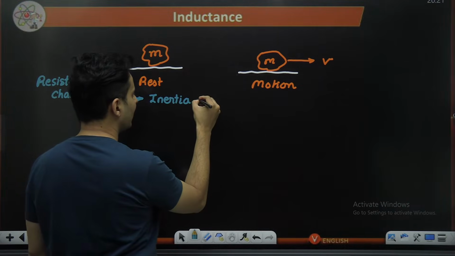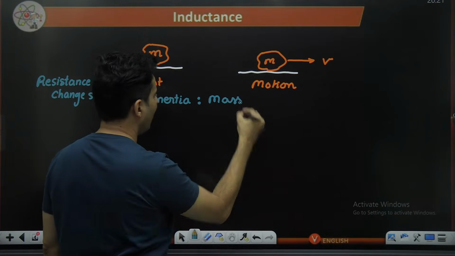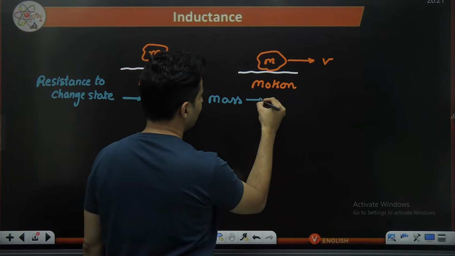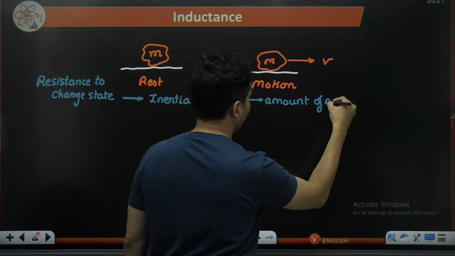And the way you measure inertia in mechanics is via the mass, and mass is nothing but the amount of matter which is there.